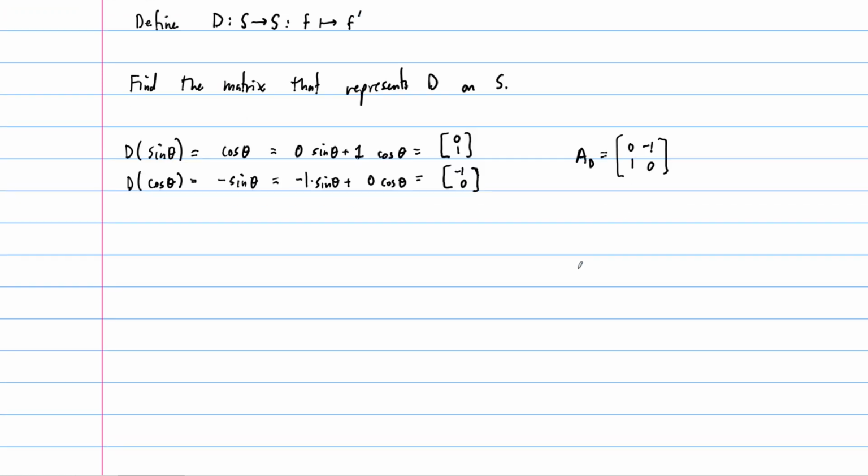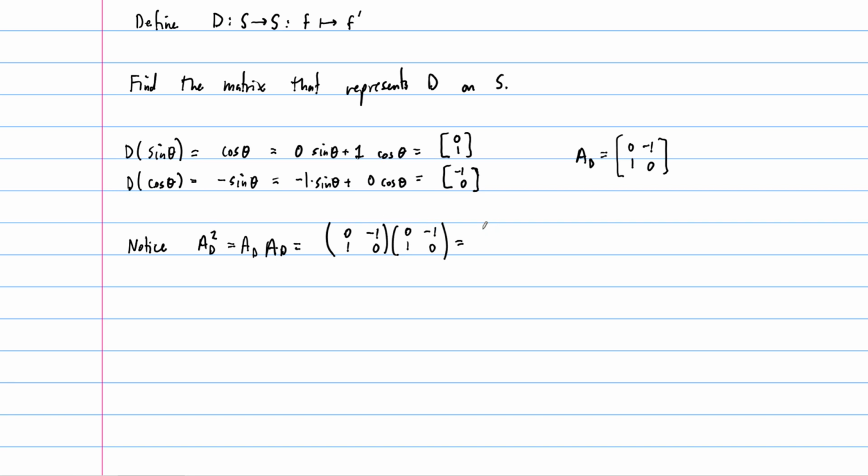All right, let's notice something else here. Let's notice that if we multiply AD times itself, that's equivalent to taking two derivatives, right? So AD squared is AD times itself. This is the matrix 0, 1, negative 1, 0, times itself, 0, 1, negative 1, 0.